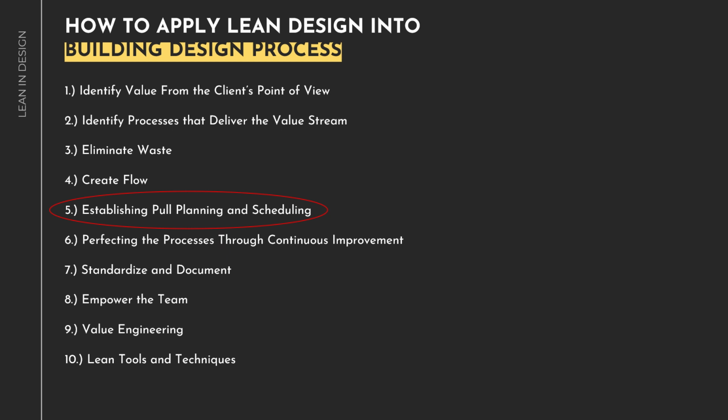Sixth, perfecting the process for continuous improvement. That means continually improve the design process by collecting feedback from team members, stakeholders, and end users. Use key performance indicators to measure and track progress and identify areas for improvement.